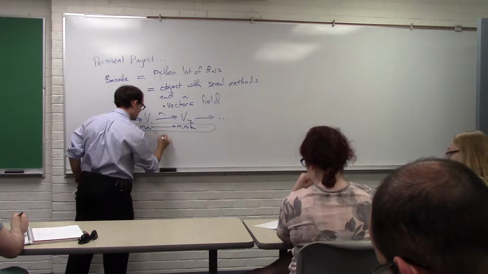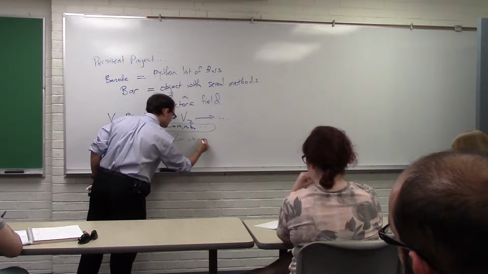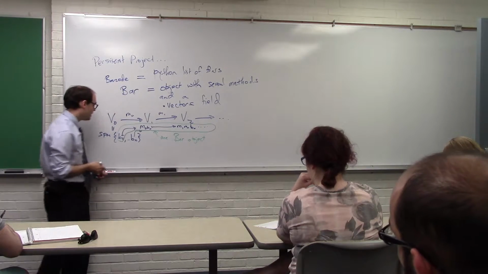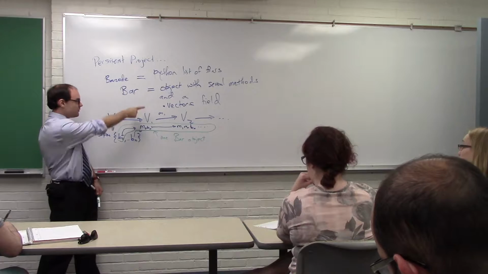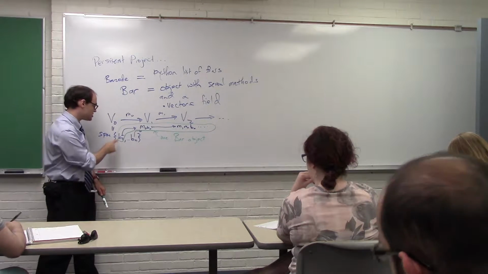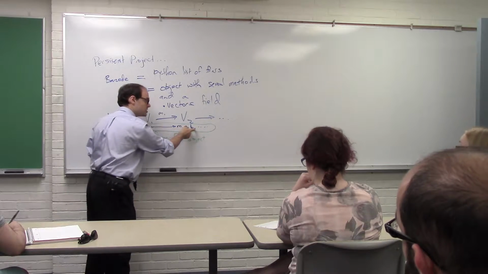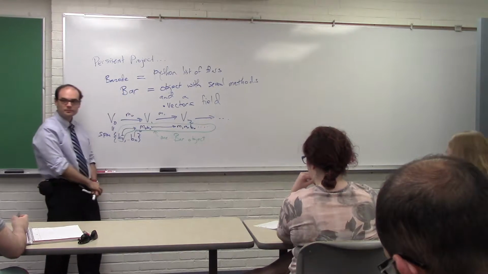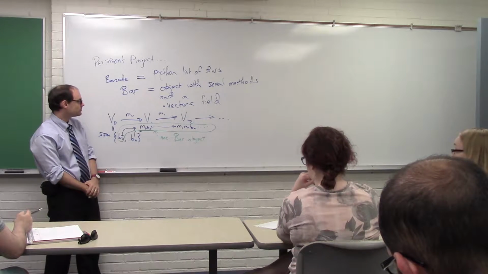This is one bar object. Now, if the bar starts at the beginning, the vectors field will be a list: B0, M0 B0, M1 M0 B0, etc. So the matrix product of each of these as they go along.